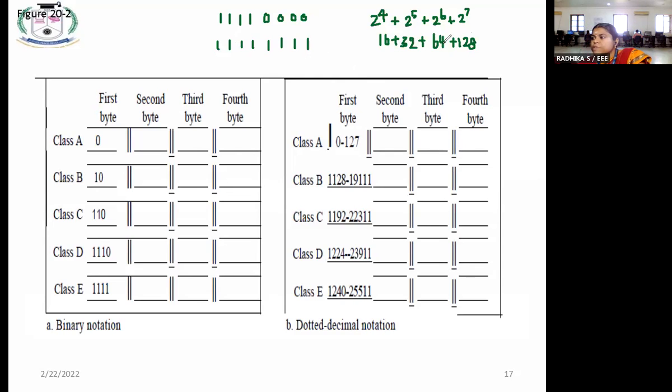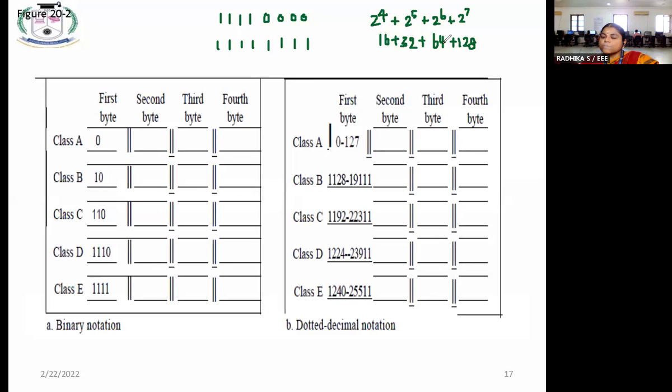Can you add and tell me? 16 plus 32 plus 64 plus 128. What will you get? If you make all ones, you get 255.